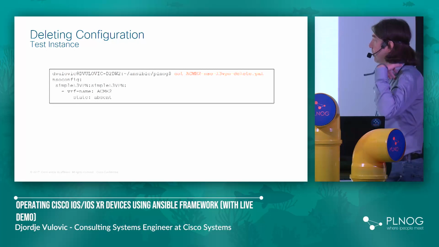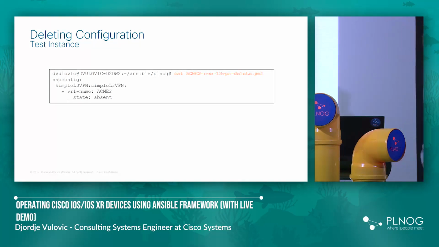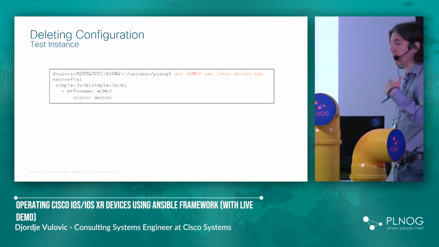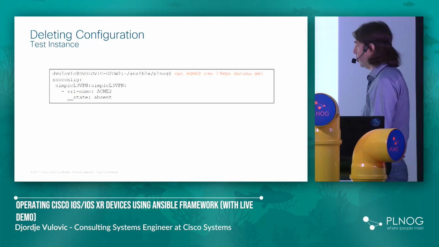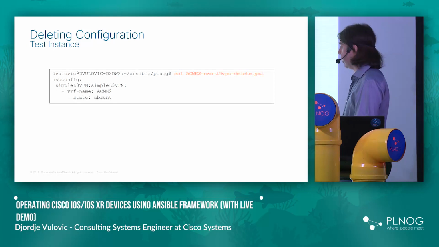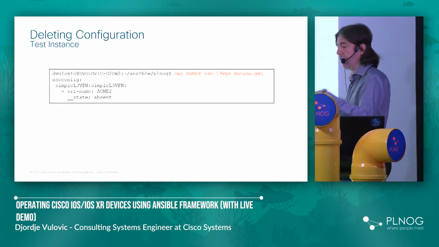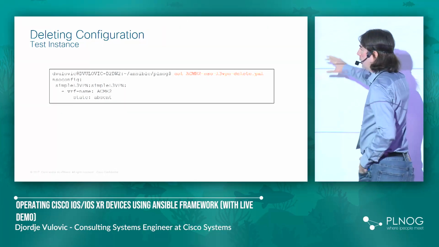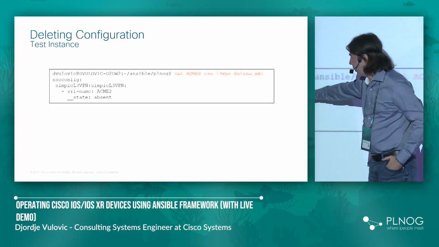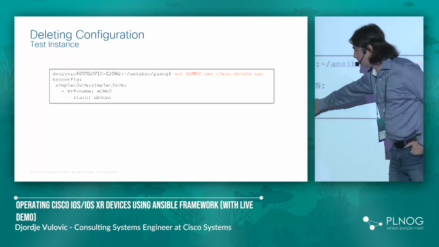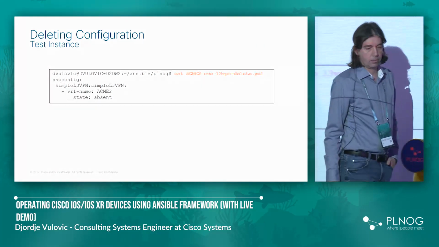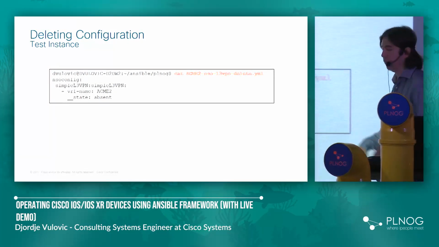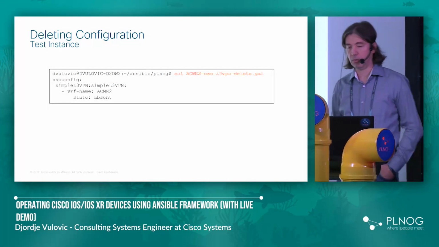Now, if we want to remove the layer 3 VPN service, we don't need to provide special templates for creating negative configuration. We just need to put in this service instance that the state is absent, and this means remove everything that is there.